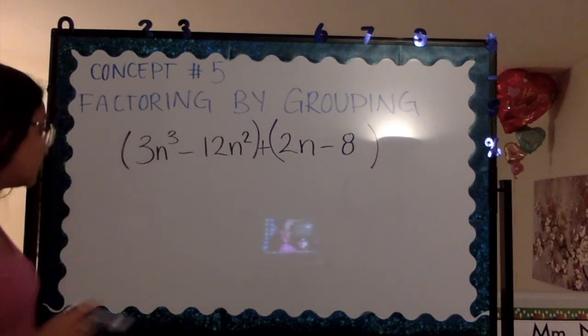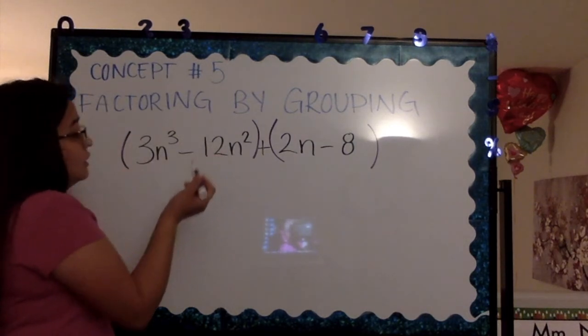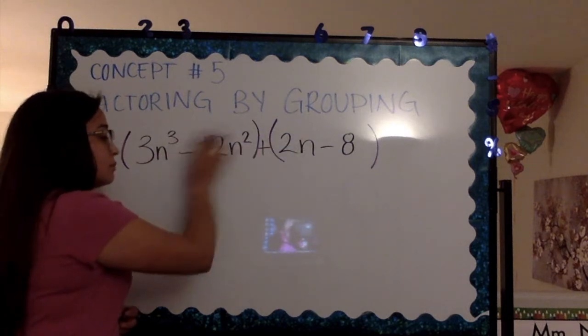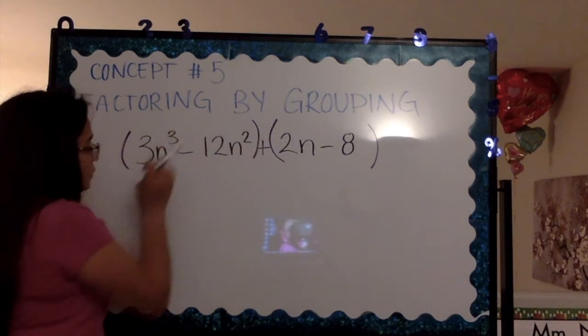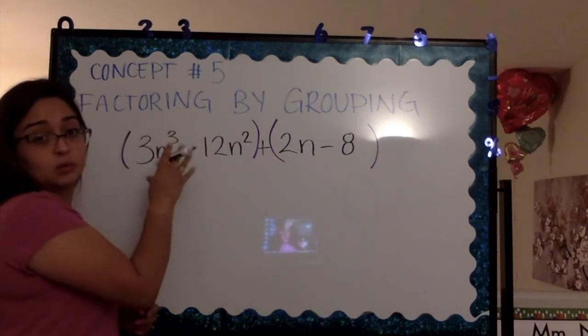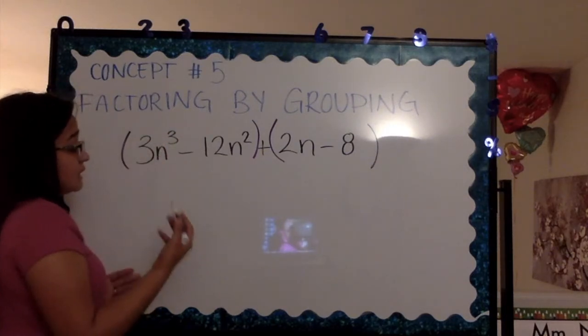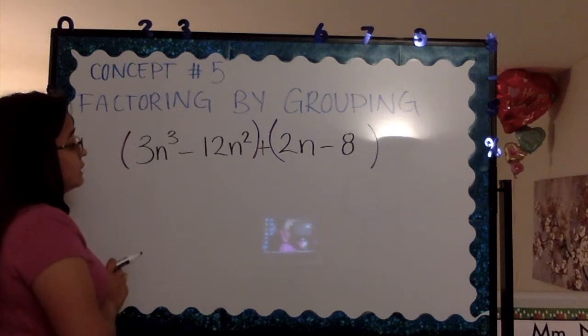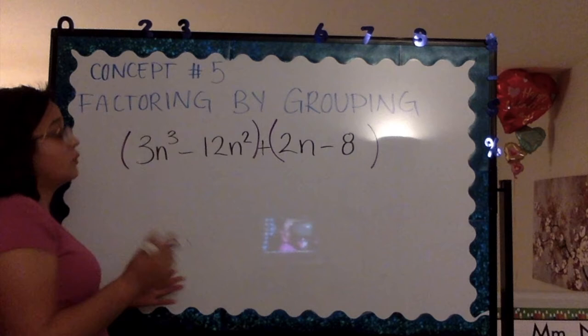After making these 2 groups, we're going to start with this one and take our greatest common factor out, which in this case would actually be 3n squared. How do I know that?